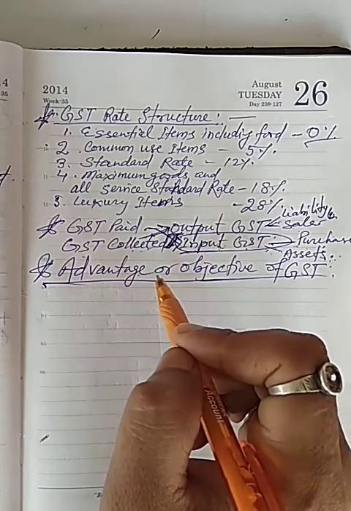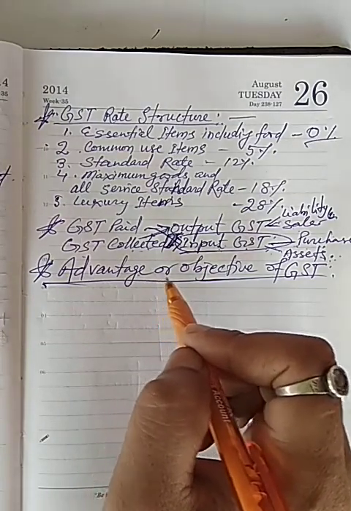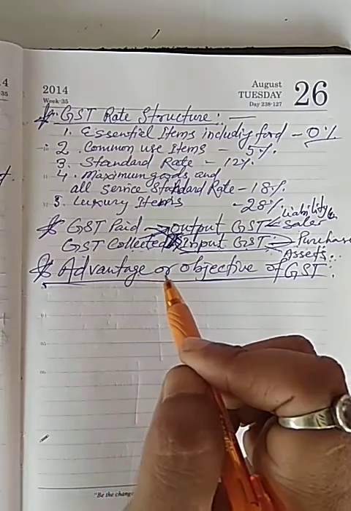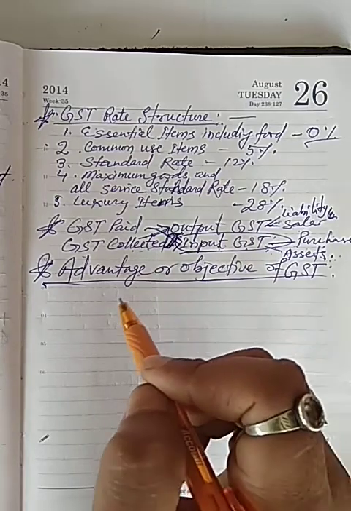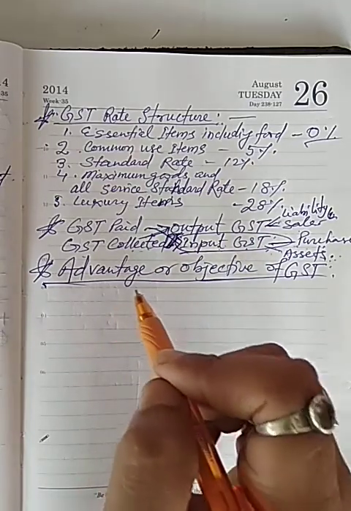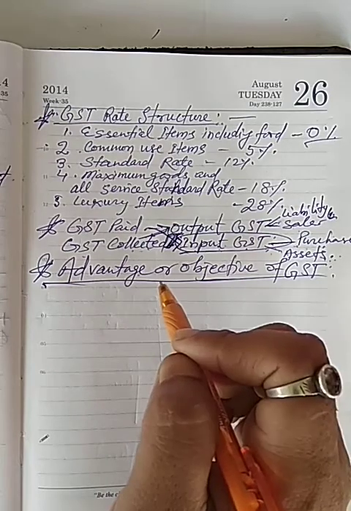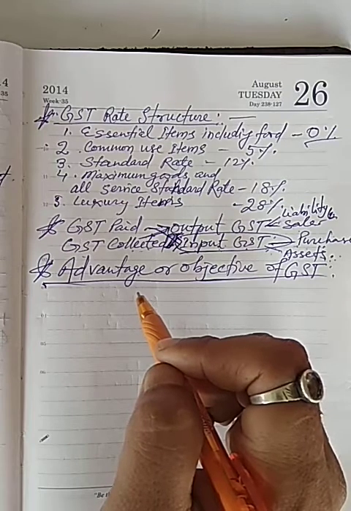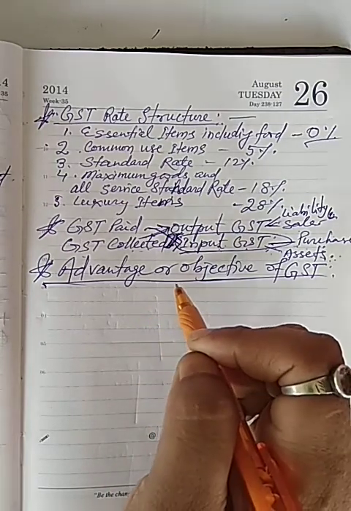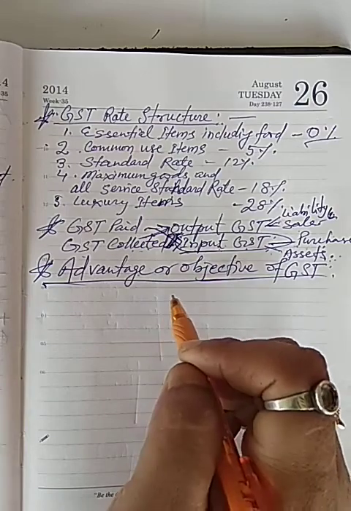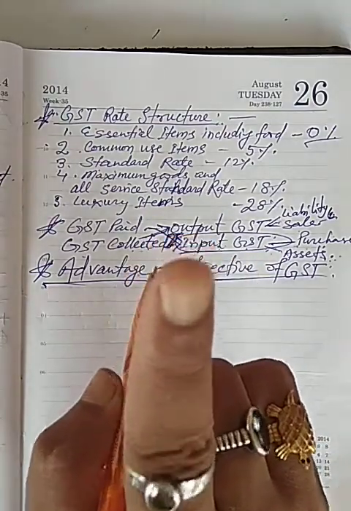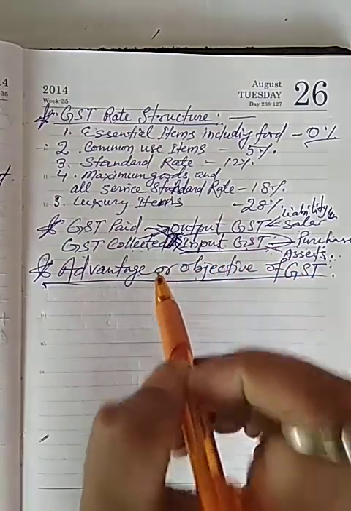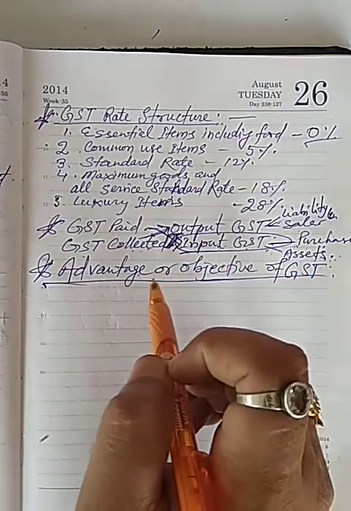This led to a tax on tax, also known as the cascading effect of taxes. GST avoids this cascading effect as the tax is calculated only on the value added at each stage of transfer of ownership.